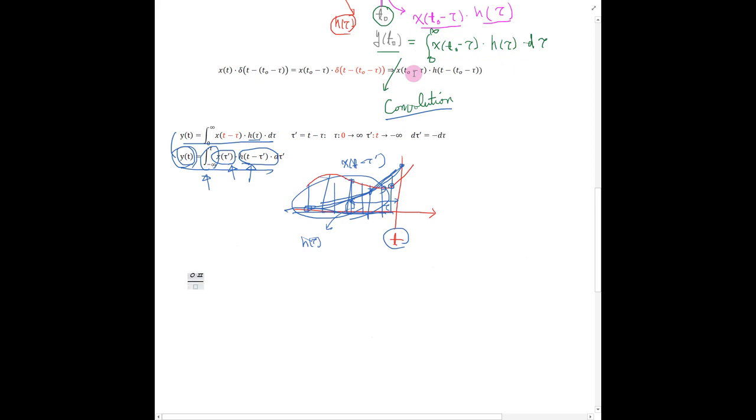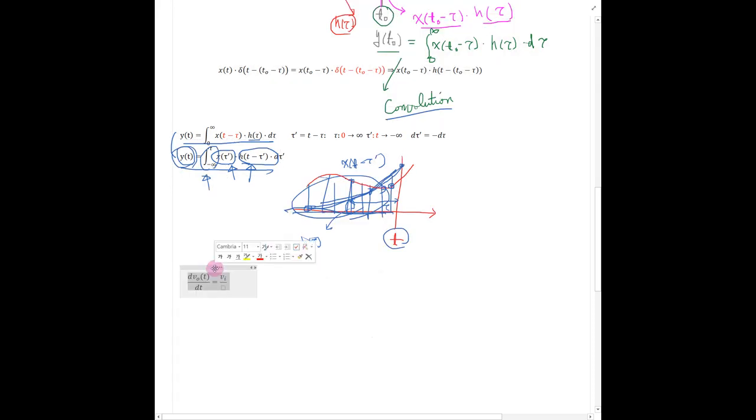Continuous version RC circuit: dvo(t)/dt... Okay, I think this one should be deleted, and I would like to write it down again. dvo(t)/dt plus vo(t)/tau equals vi(t)/tau.